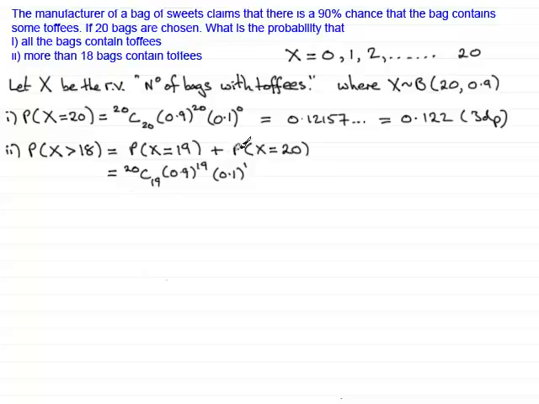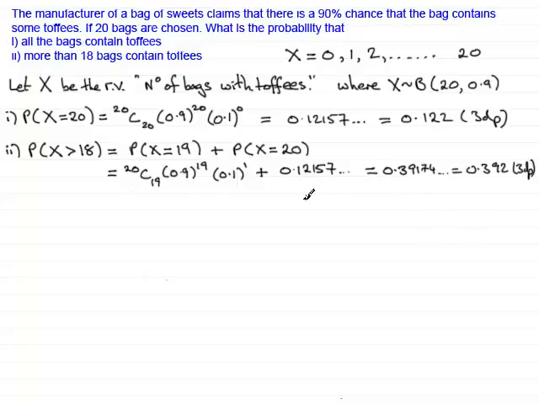Then we've got plus the probability of X equals 20, and we could either use the formula again, or we could just simply use the answer we had previously, 0.12157 and so on. And if we add these two values together, what you should find is that you get 0.39174 and so on, which is the same as 0.392 to 3 decimal places, 3 dp.